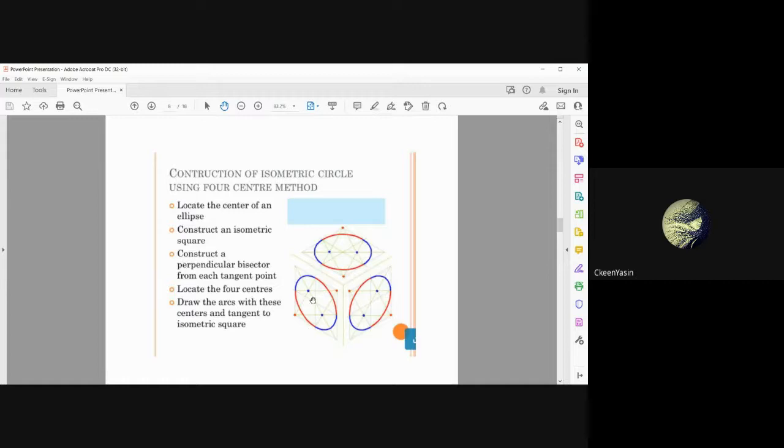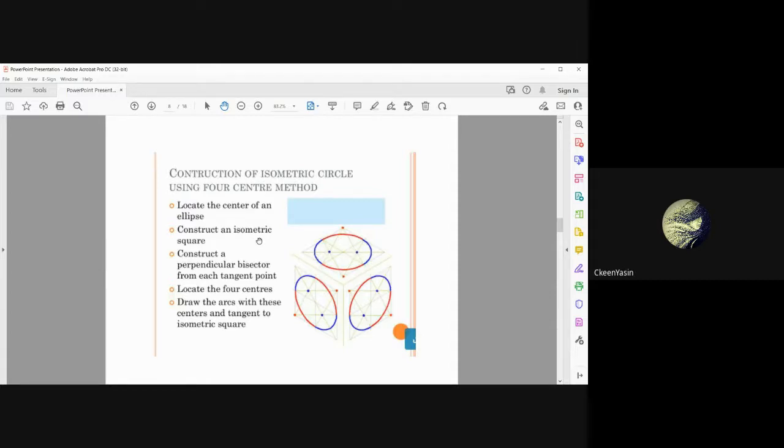After you draw a box, if your circle is on top, and you want to show something like a pavement pattern, which is something horizontal, what you need to do is locate the center of an ellipse, something like this.